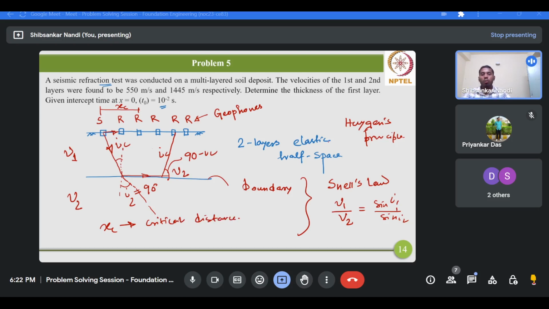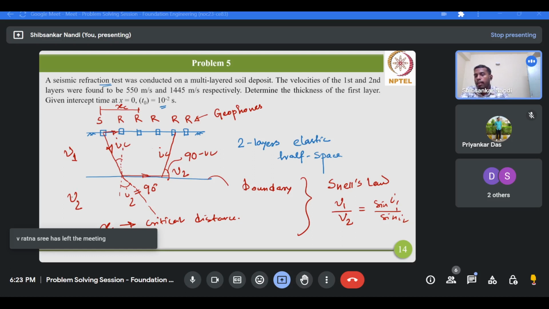Okay, now another point in this context is that this kind of test is only valid or will give you a feasible result if the velocities increase downward. That means v2 should be greater than v1.